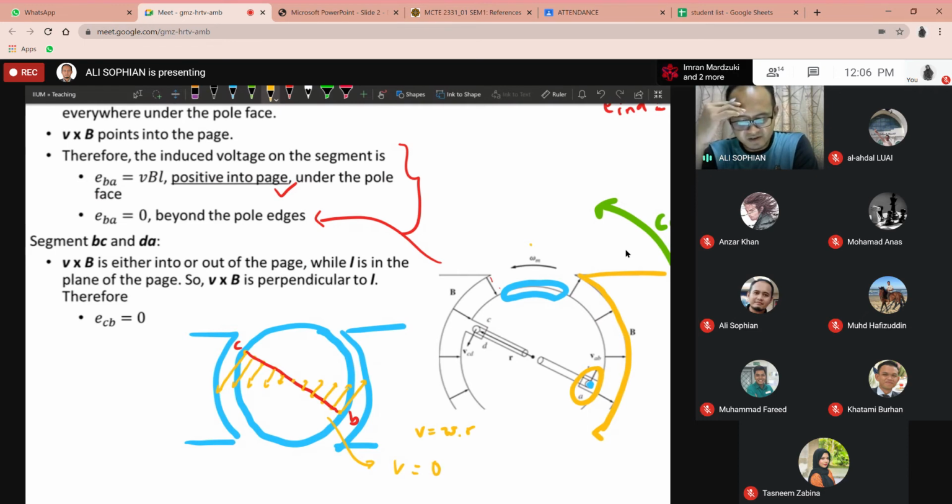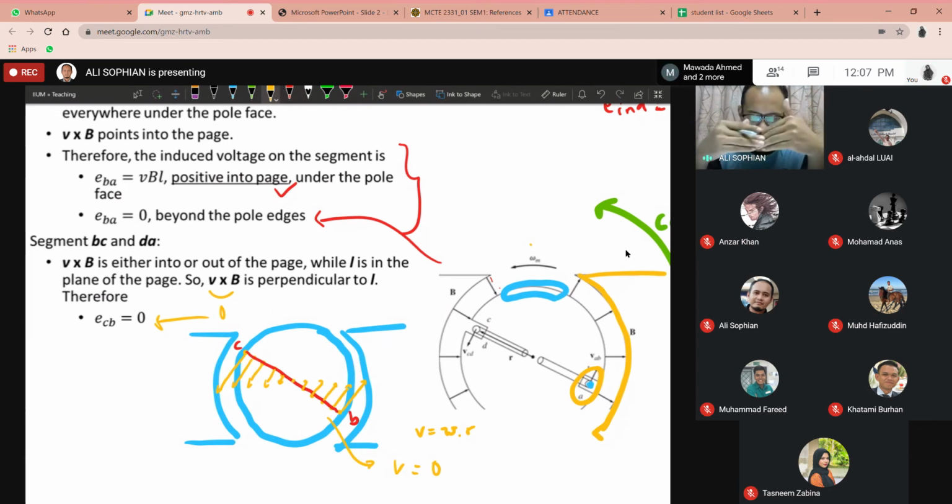So the total speed will be 0, and therefore there is no relative velocity of the wire relative to the magnetic field, and that's why V cross B will be equal to 0, and therefore you don't have any induced voltage in this case. Okay.